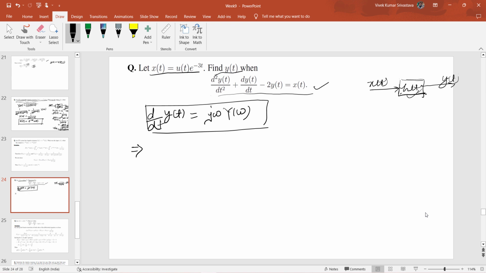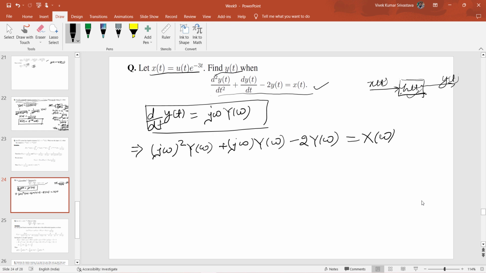Once you solve it, you will get (jω)² Y(ω) + jω Y(ω) - 2Y(ω) = X(ω).